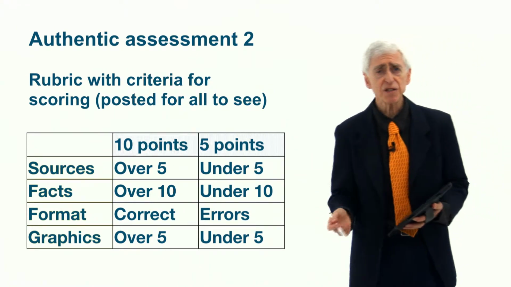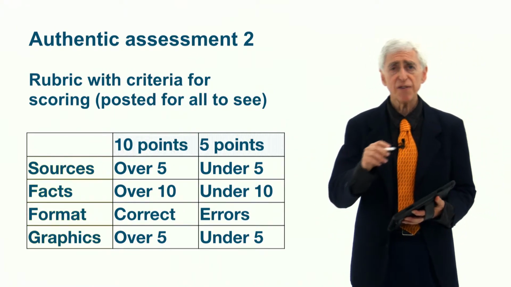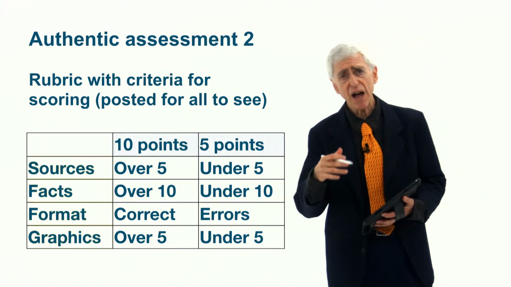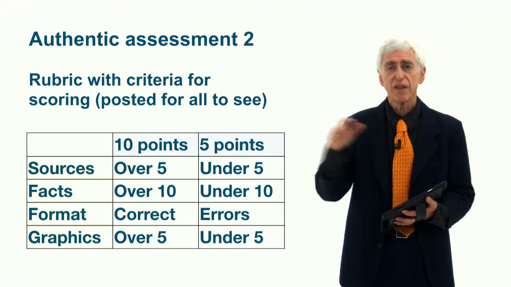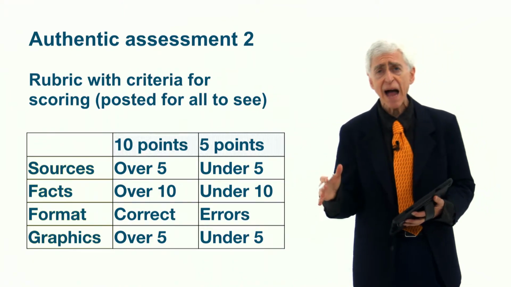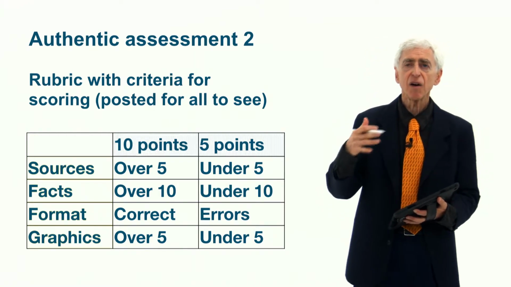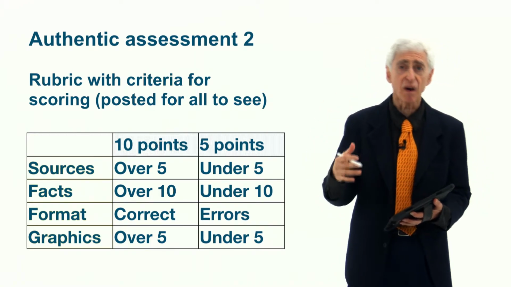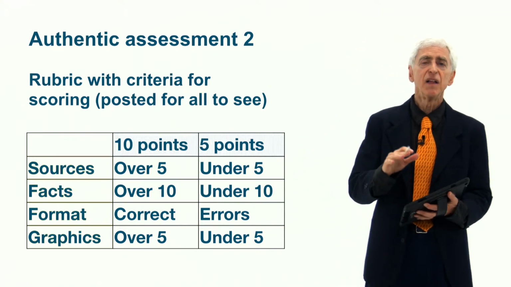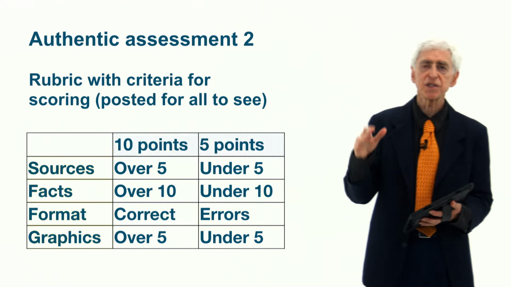So, if they've done research, how many sources? If they found more than 5 sources, they can earn up to 10 points. If they've found fewer than 5 sources, they can only earn up to 5 points. If they include at least 10 facts or more, they can earn up to 10 points in that category. If they have fewer than 10 facts, they can only earn up to 5 points. You see the point here.